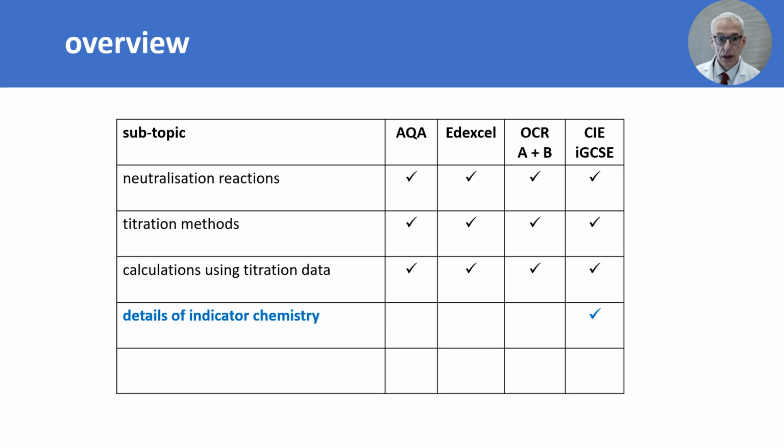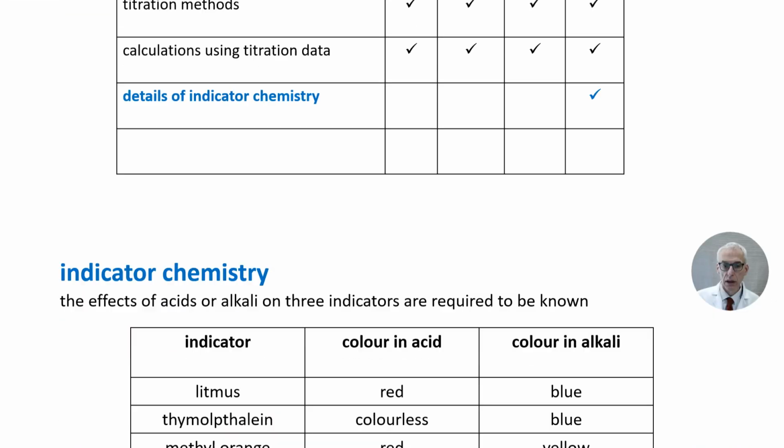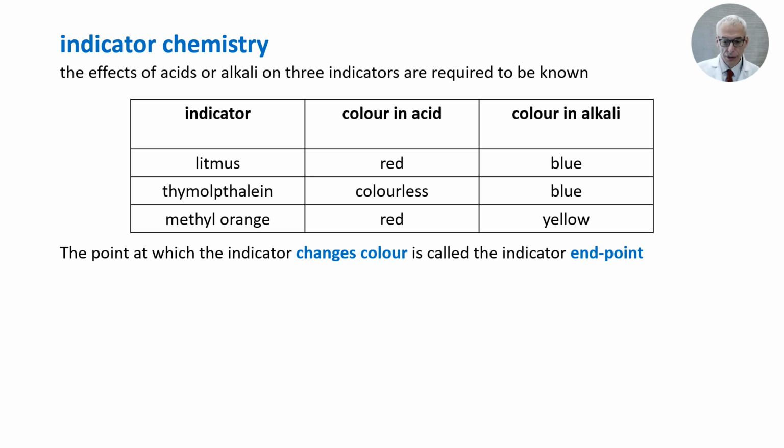So for iGCSE, we need to briefly cover some factual details of the indicators used in titrations. There are 3 indicators you need to know about: litmus, thymolphthalein, and methyl orange.